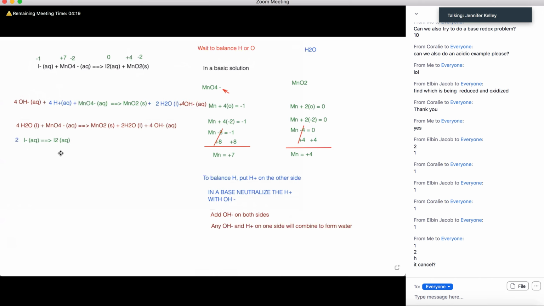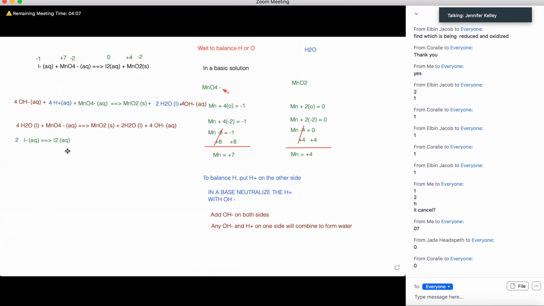So which side is more positive, -1 or 0? 0. Good. So on the left, it looks like I've got a -1, but I do have 2 of them. So I'm going to have to cancel both of the -1s. So that's why I'm going to add 2 electrons on the product side.